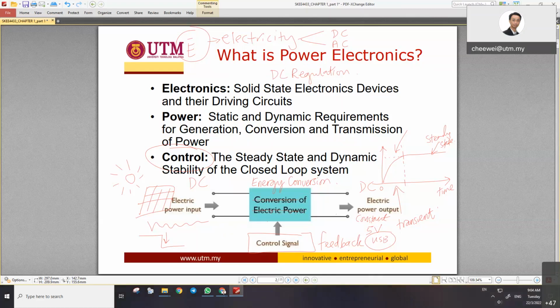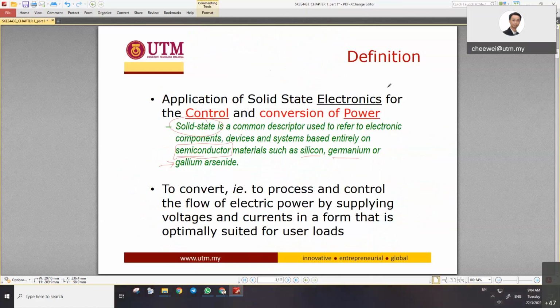So this is called the conversion of electric power. So how to do it? You are going to use power electronic converters. So that is the definition for power electronics. Let's see the further definition here. Power electronics actually is the application of solid state electronics for control and conversion of power. So make sure that you key in these two keywords when defining power electronics.